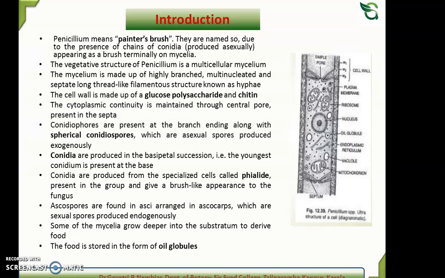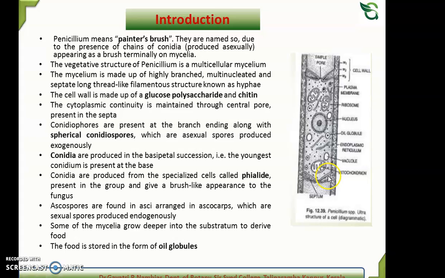And the cell wall is made up of glucan, polysaccharide and chitin. And the hypha is multicellular, as I already mentioned, due to the presence of septa. The cells are interconnected by means of a small pore known as septopore.